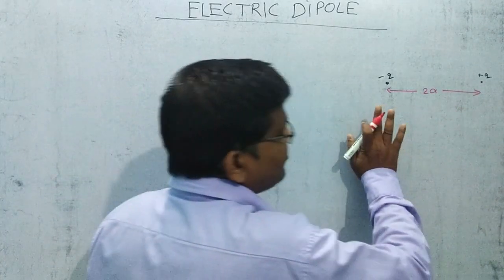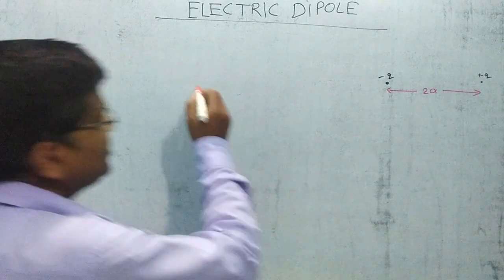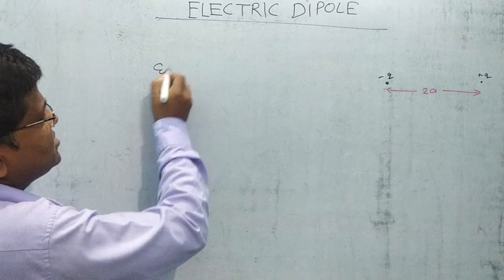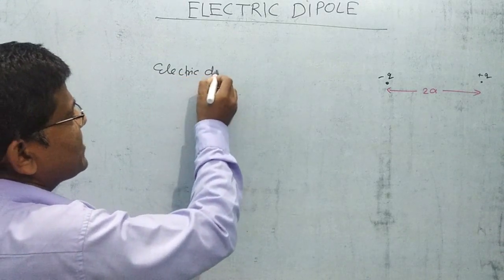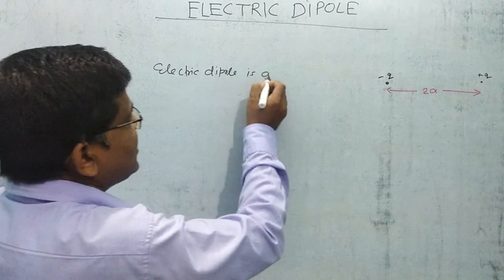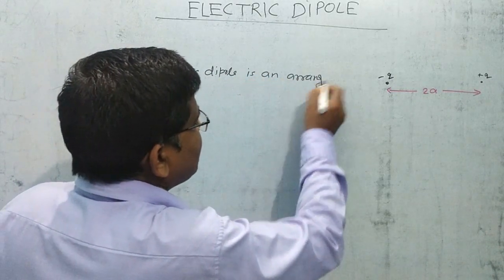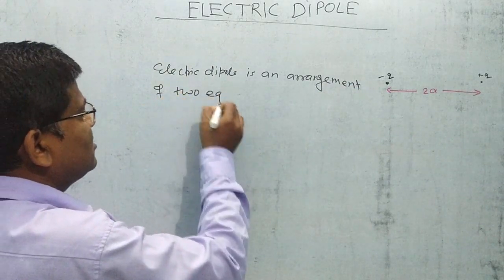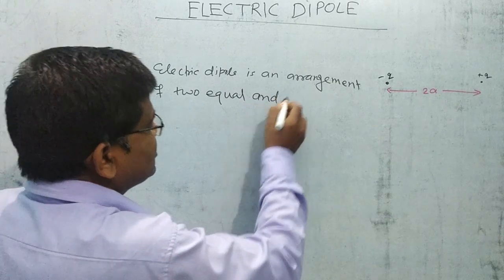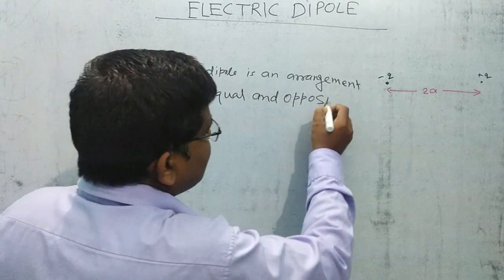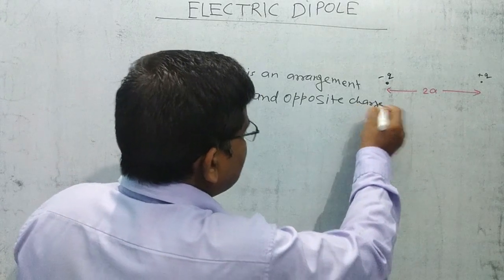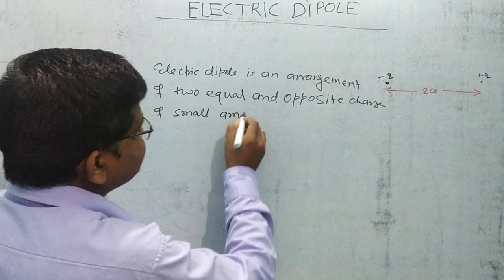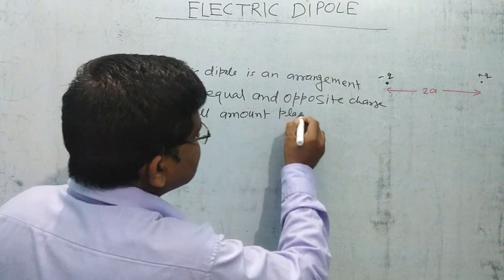And electric dipole is the arrangement of two equal and opposite charges of a small amount placed at a small distance.